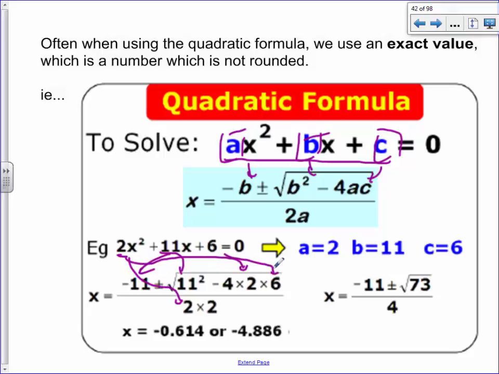Once you get used to where the numbers go, like practice will help, it will usually give you 2 really stupid looking decimal numbers. Truthfully, I want you to leave it as this. It always looks like this, minus a number, plus or minus something square rooted, all divided by some other number. This is actually 2 answers. I don't see much purpose in making you grab your calculator and find those 2.